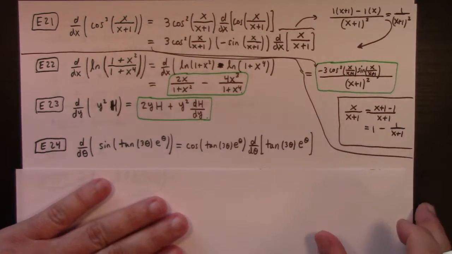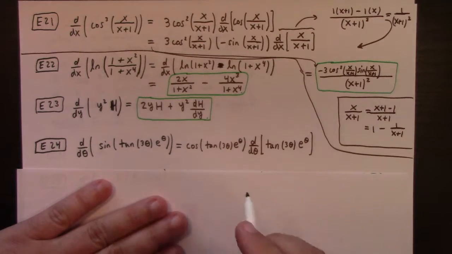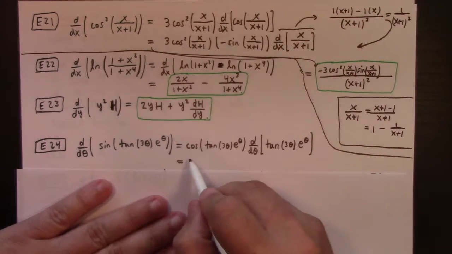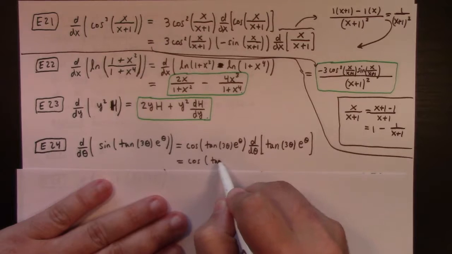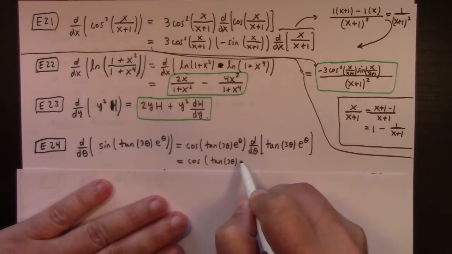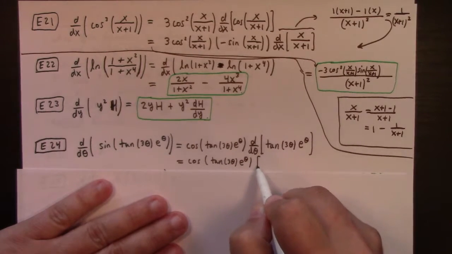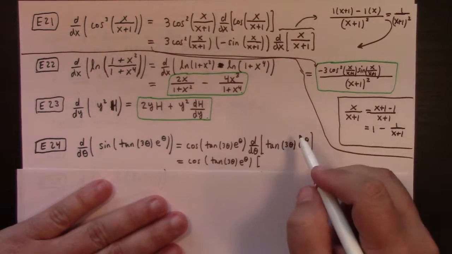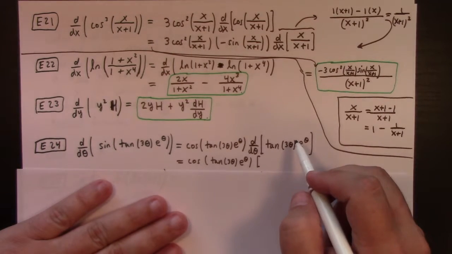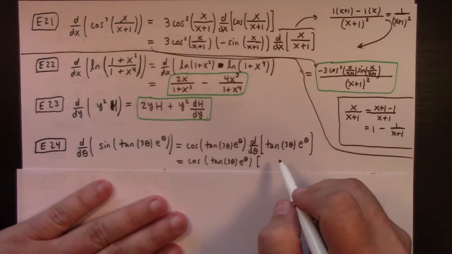And so, what is that? Well, that's a product, so I need the product rule. So what I've got is cosine of the tangent of 3 theta times e to the theta, times, let's see here, the derivative of tangent gives me secant squared of 3 theta, but the 3 theta requires multiplication by 3.